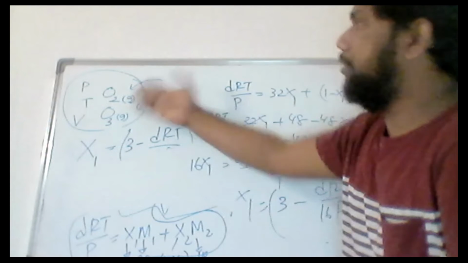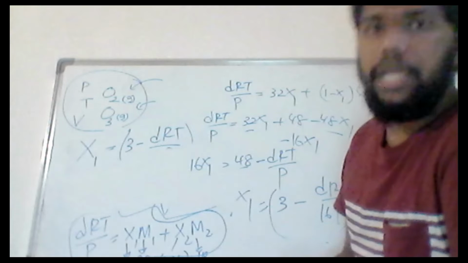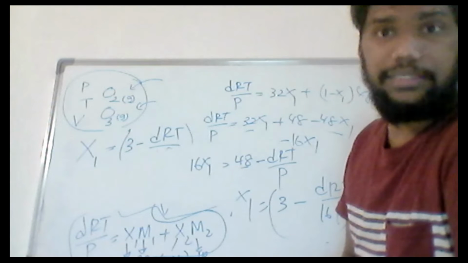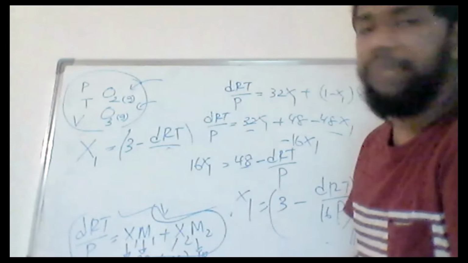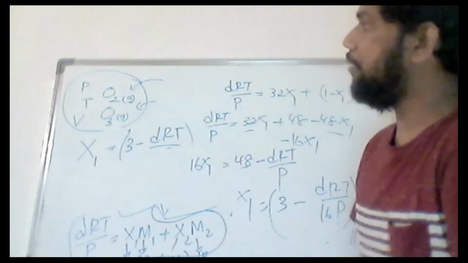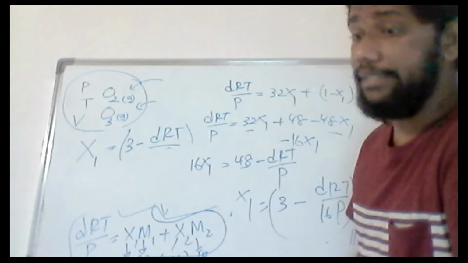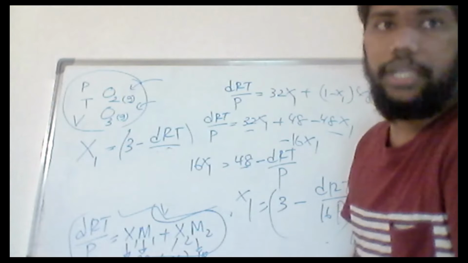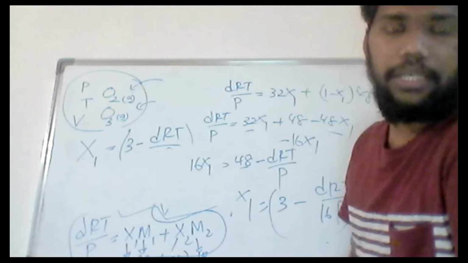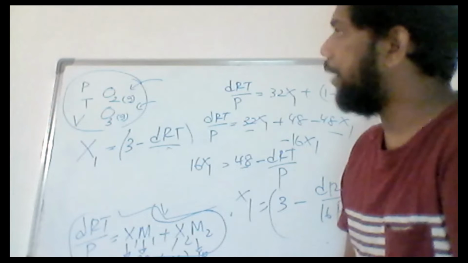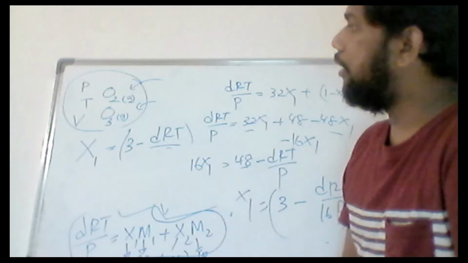The first point is you need to mention O2 and O3 are behaving as ideal gases. So the mixture behaves ideally. The second thing you can mention is there is no reaction between ozone and molecular oxygen. There is no reaction between O2 and O3. That is another assumption that you can write.